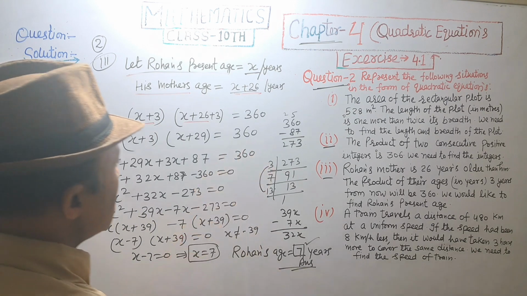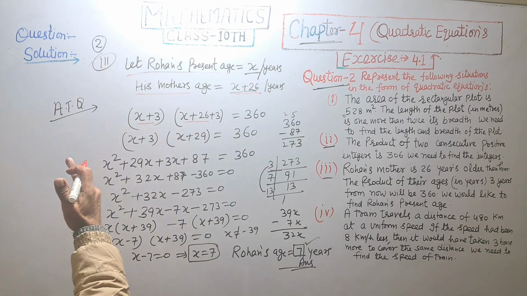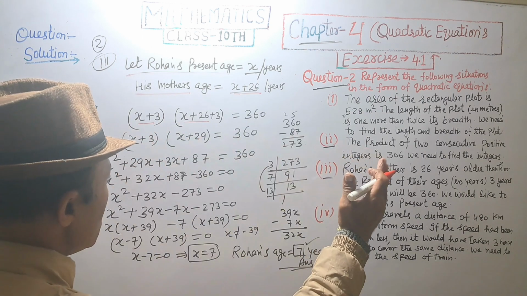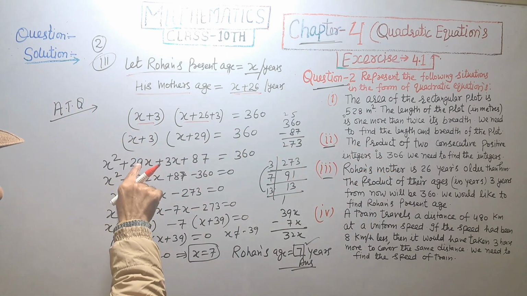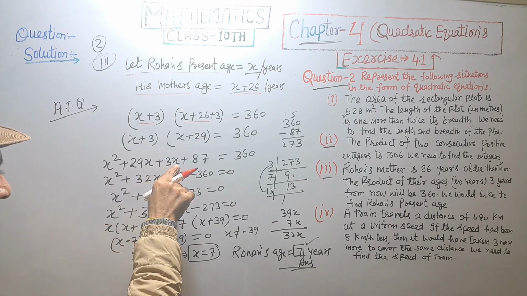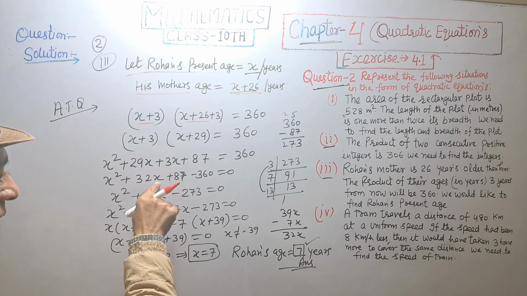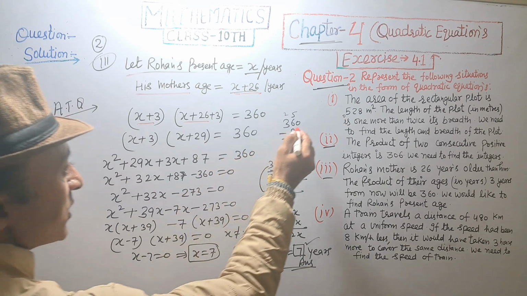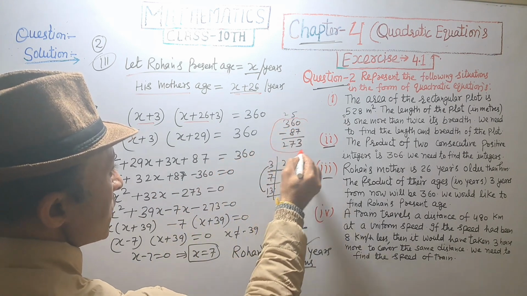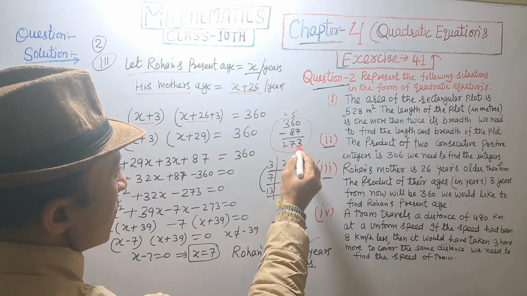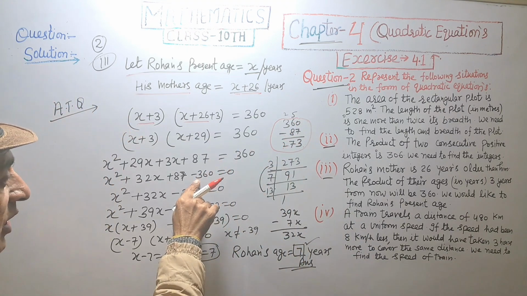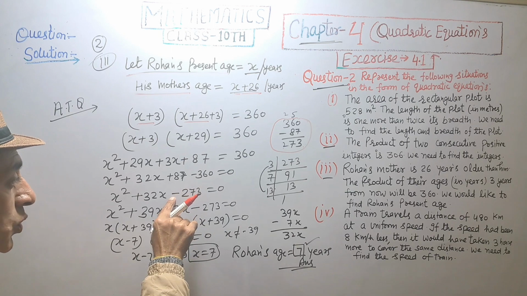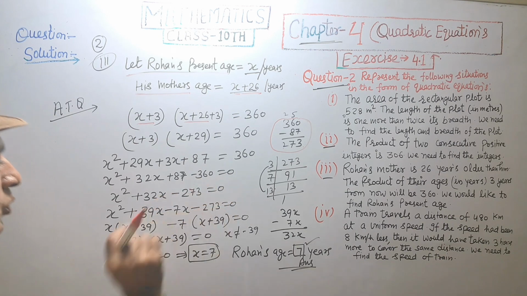And also equal to 360. Shifting 360 to the left side, that is minus 360 equal to 0. So x squared plus 29x plus 3x is 32x, plus 87 minus 360. 360 minus 87 is 273, but since it is negative, we get minus 273 equal to 0.